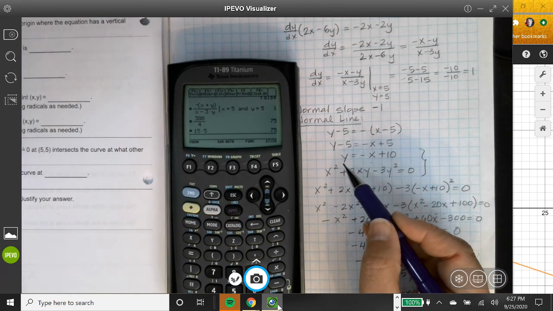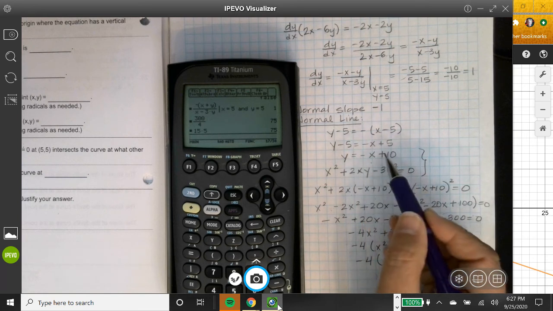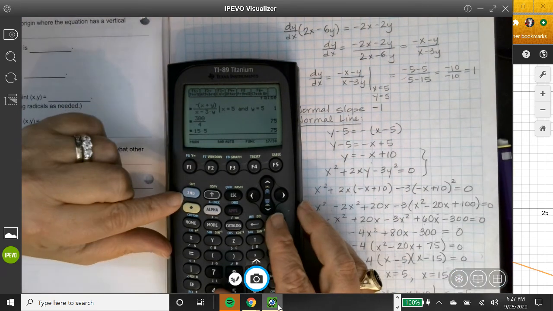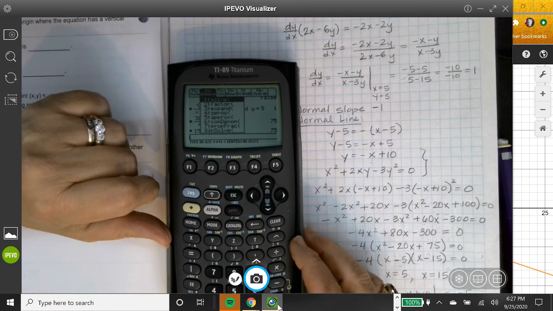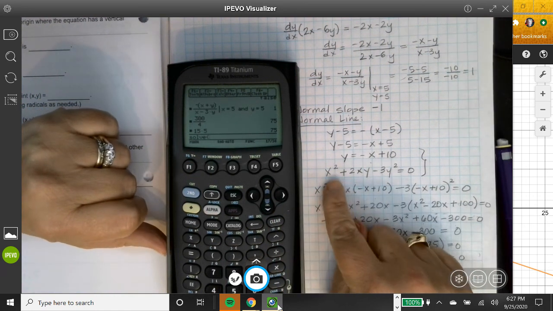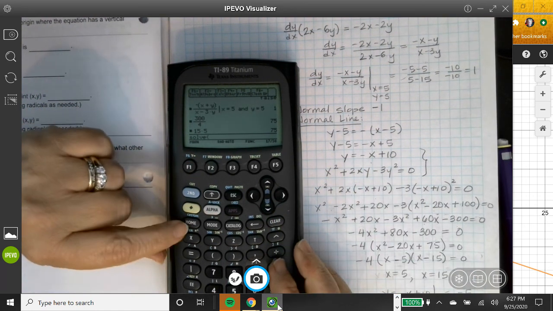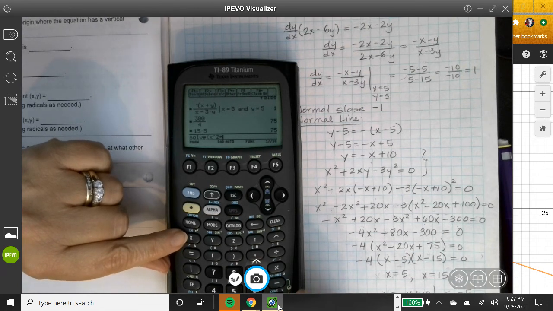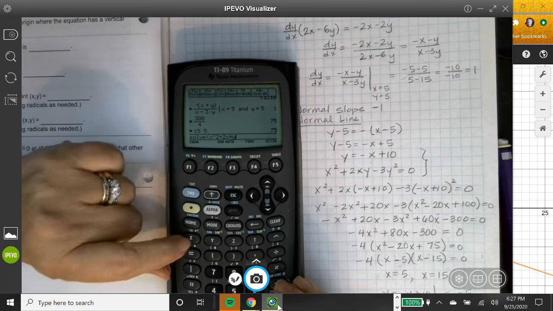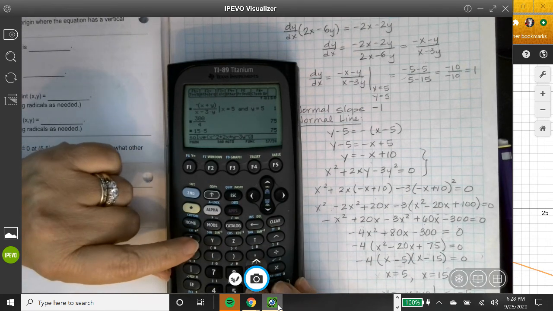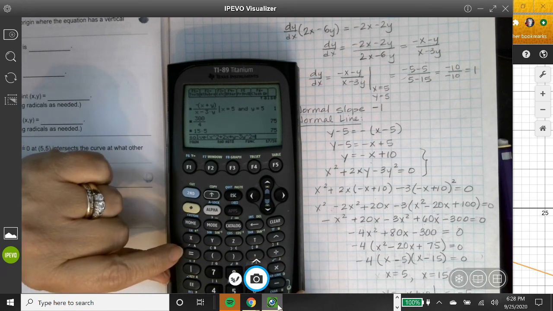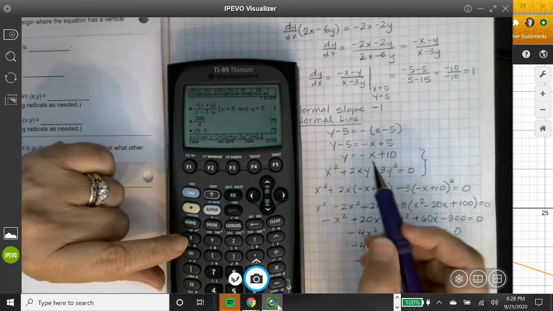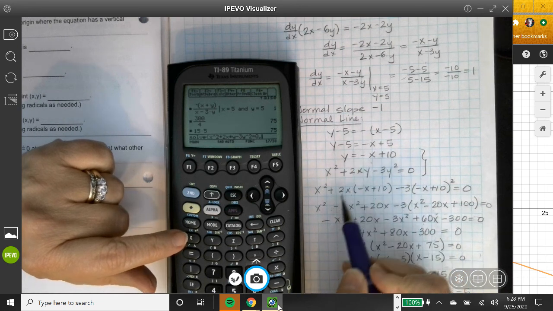Well, if I were to plug in for y here, I get an equation full of x's, don't I? So I can have my calculator solve this equation, x squared plus 2x times y minus 3y squared equals 0. When I substitute in, I'm going to have an equation full of x's.